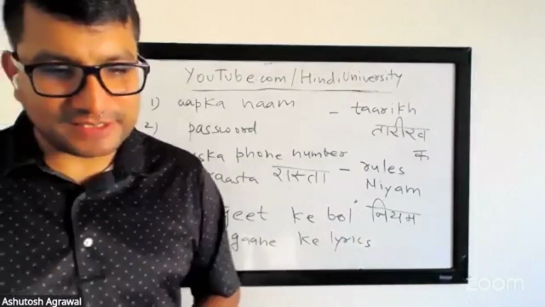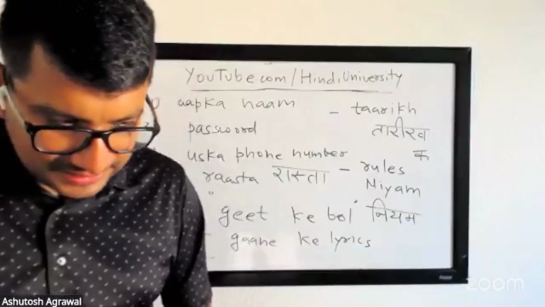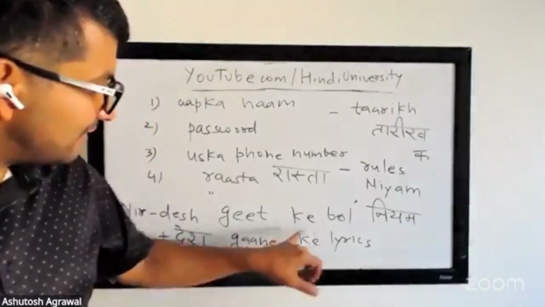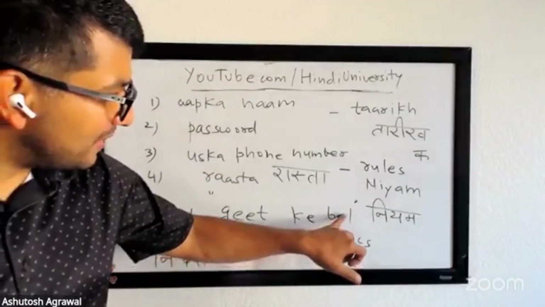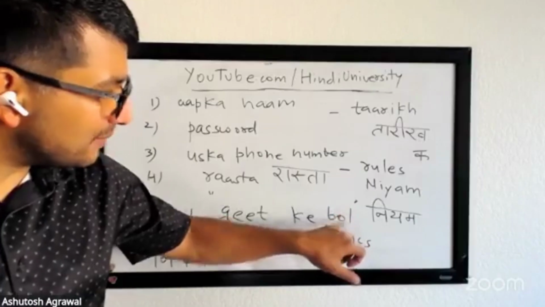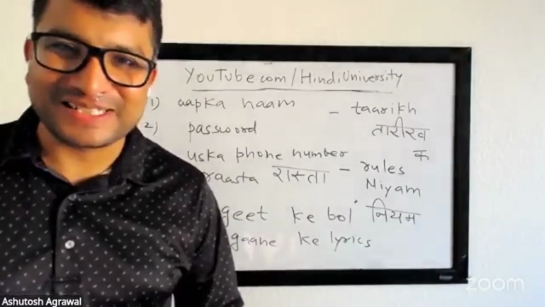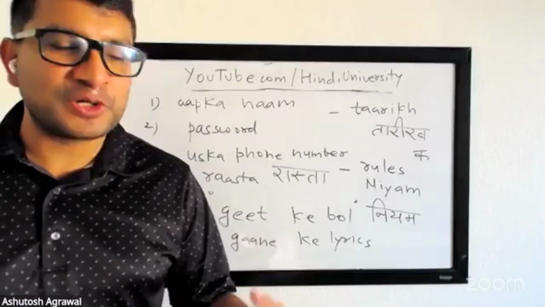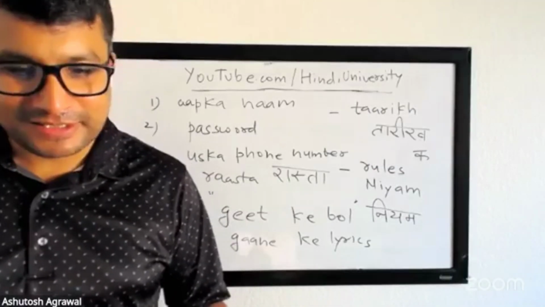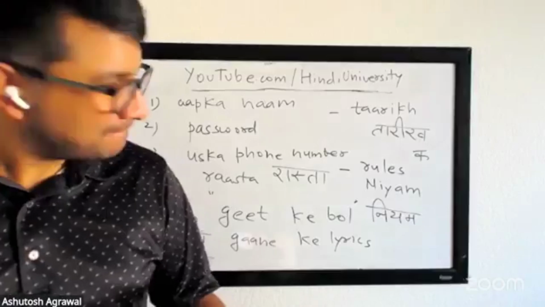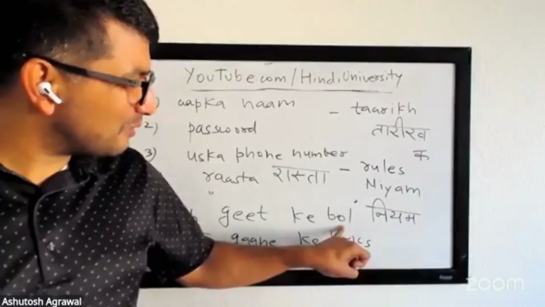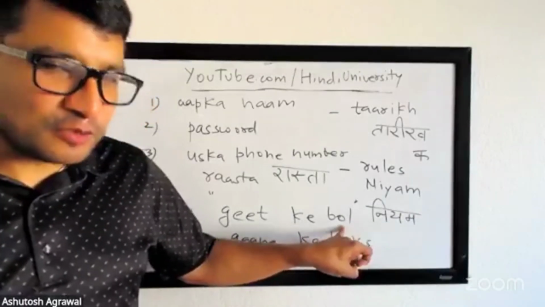Yes. Actually, I would ask, what is bowl there? We have Geet Ke Bowl. What is bowl? Bowl is just the lyrics, basically. That's how it is kind of said. Geet Ke Bowl is like the words of the song. Looks like it comes from bolna. You can say that, but it's not the word, basically.